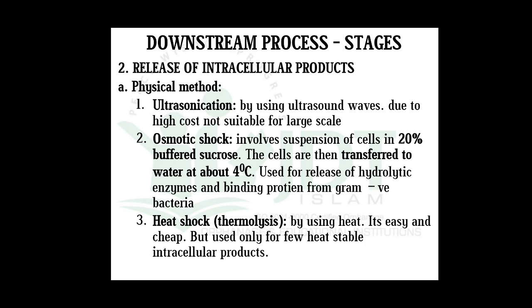buffered sucrose is transferred into water at about 4 degrees Celsius. Mainly this method, osmotic shock, is used to release hydrolytic enzymes and binding proteins from gram-negative bacteria. The third method is heat shock or thermolysis, using high heat. It is easy and cheap, but used only for a few heat-stable intracellular products.